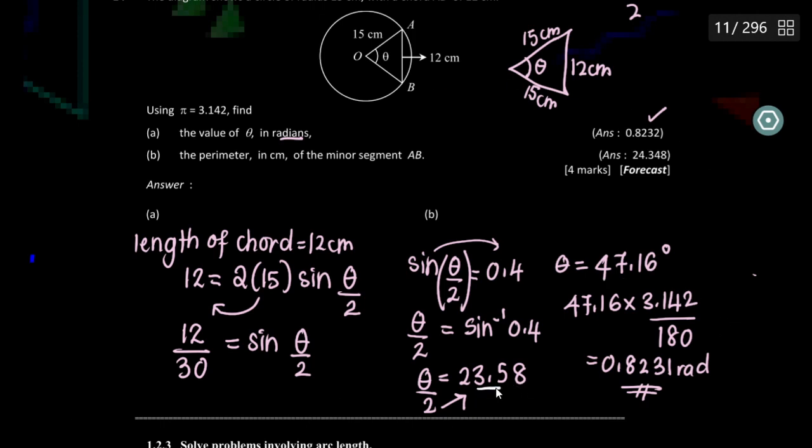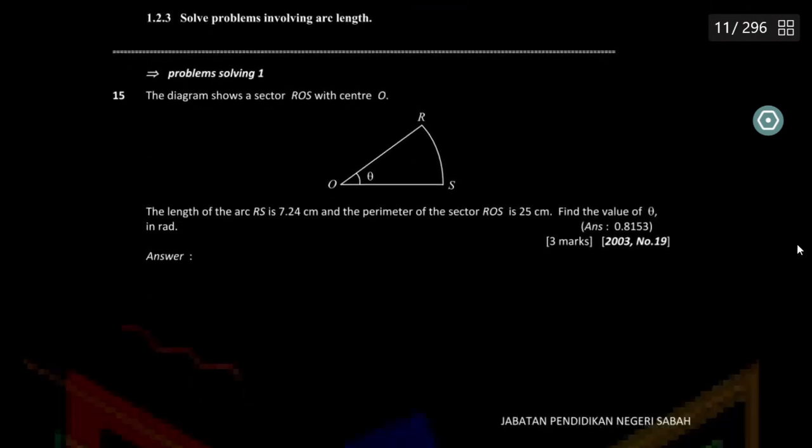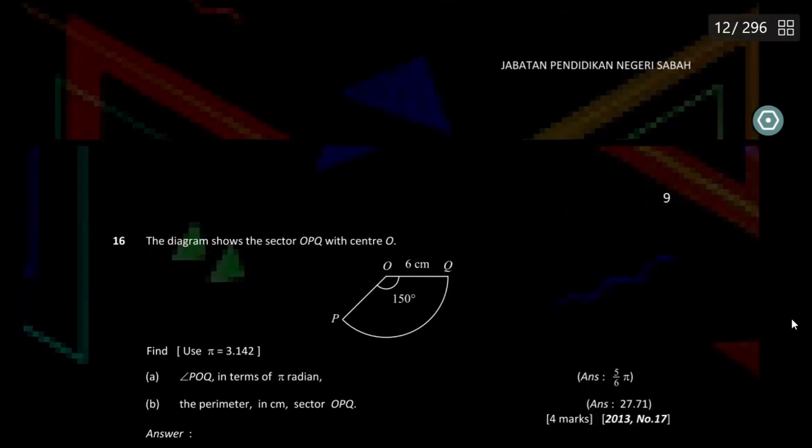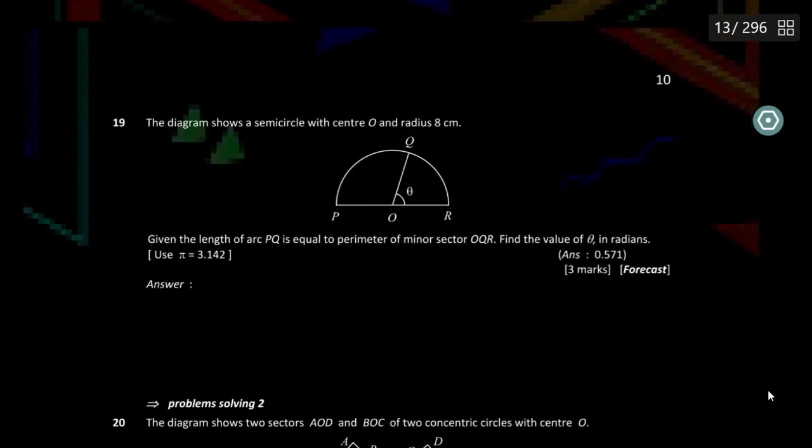That means all the way you keep writing at least up to 5 or 6 significant numbers. I hope this is so far so good. Let's keep going. We try some problem solving. This is all still perimeter, radius.